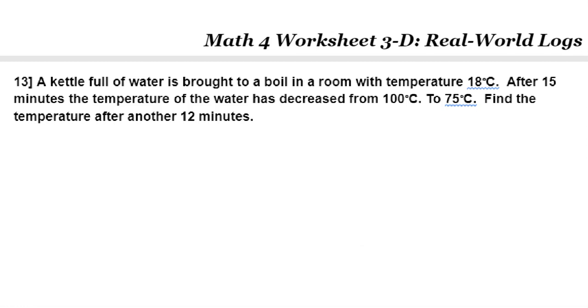All right, so we're going to have to start with the first one that said that it boiled down to 75. Room temperature was 18 degrees Celsius. The difference from 100 to 18 is 82. And the first go was 15 minutes. All right, so we should be able to find K from there.